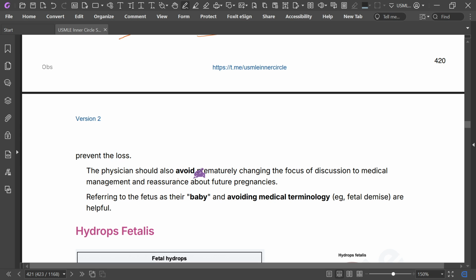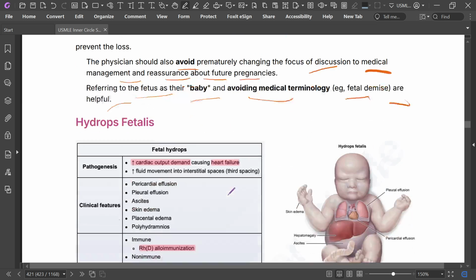The physician should also avoid prematurely changing the focus of the discussion to medical management and reassurance for future pregnancy. Referring to the fetus as their baby and avoiding medical terminology like fetal demise are helpful.